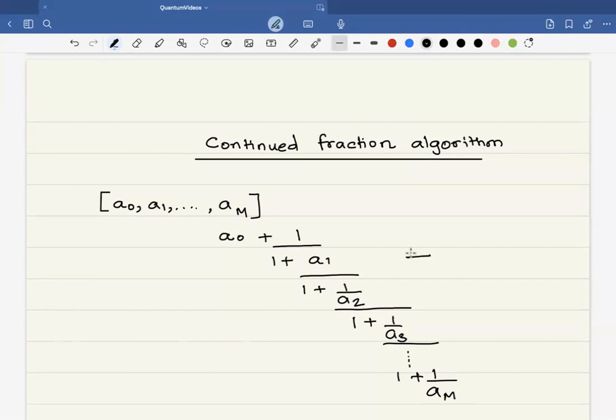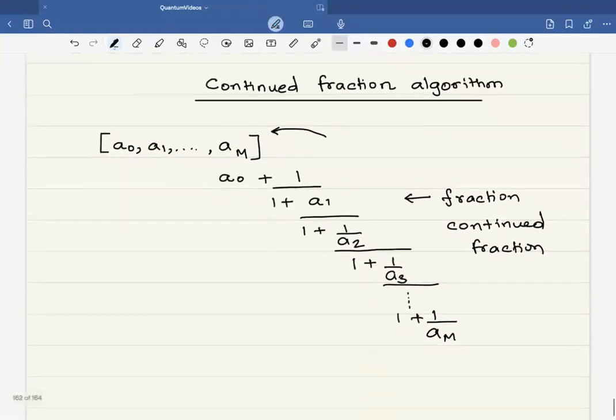Now this is a fraction called the continued fraction. And this is the continued fraction representation of this set of integers.